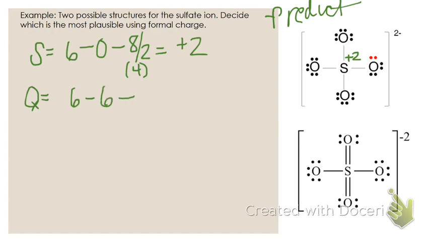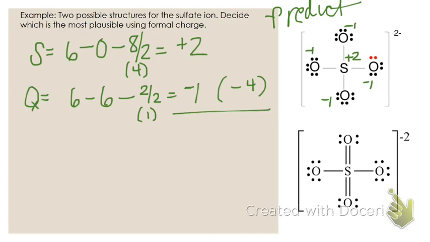And then 2 divided by 2, which is 1 bond, gives me a -1, right? So this would be -1, -1, -1, -1, which is a total of -4. When I add those up, my total formal charge for the whole molecule is -2, which it has to be to be a feasible structure, because it has to add up to the charge of the ion.